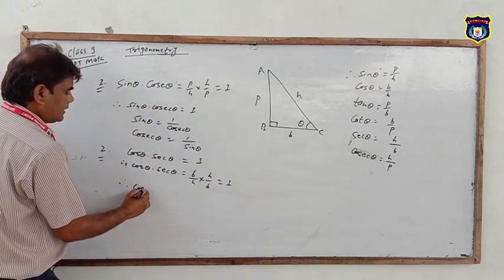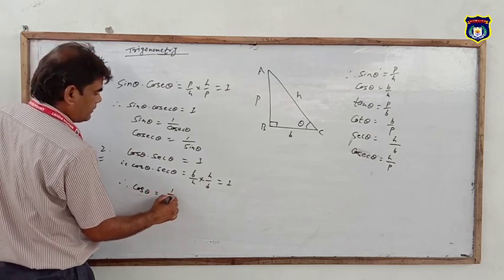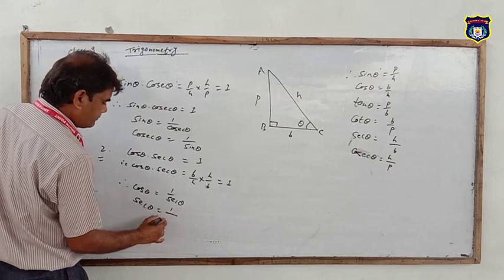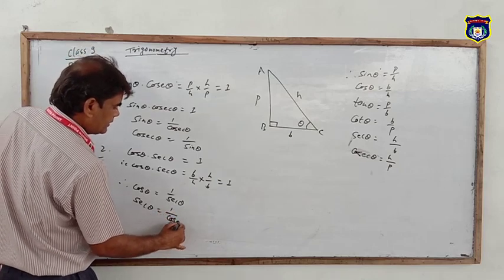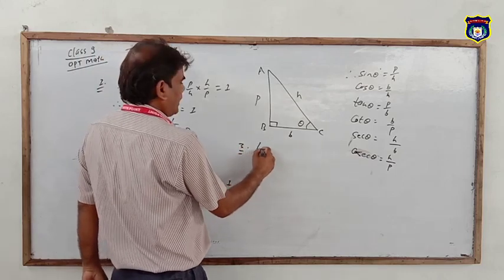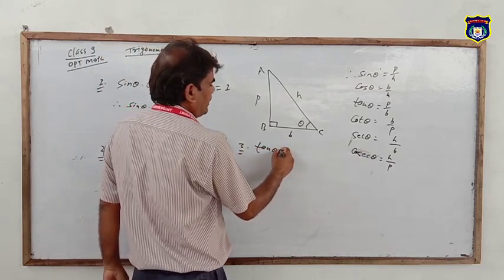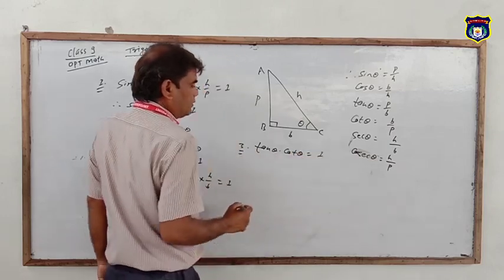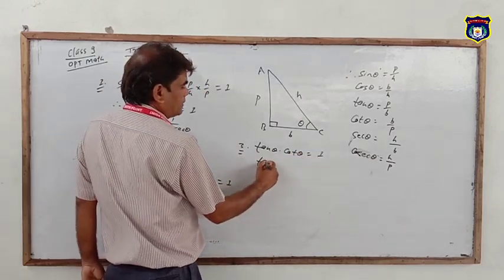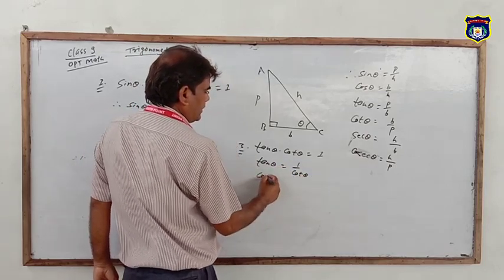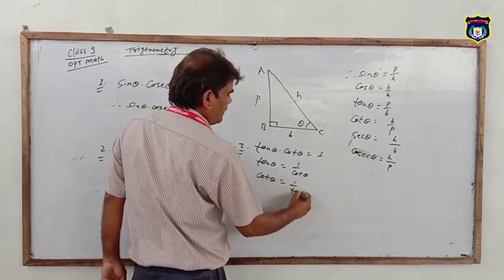Therefore cos theta is equal to 1 by sec theta, and sec theta is equal to 1 by cos theta. Next, tan theta into cot theta is equal to 1. So tan theta is equal to 1 by cot theta, and cot theta is equal to 1 by tan theta.